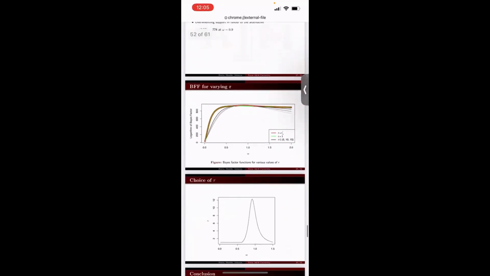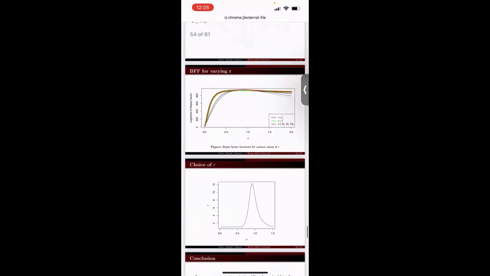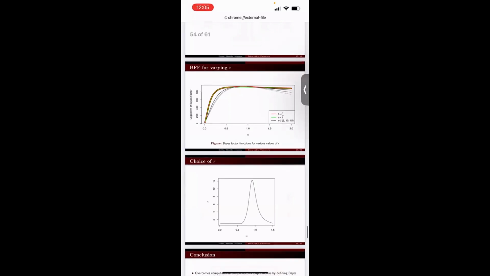So here, the red curve denotes the base factor function corresponding to the map estimate of R. And the green curve denotes the base factor function for putting R equals 1. So except near 0.9, we can see that R equals 1 gives a pretty good estimate.